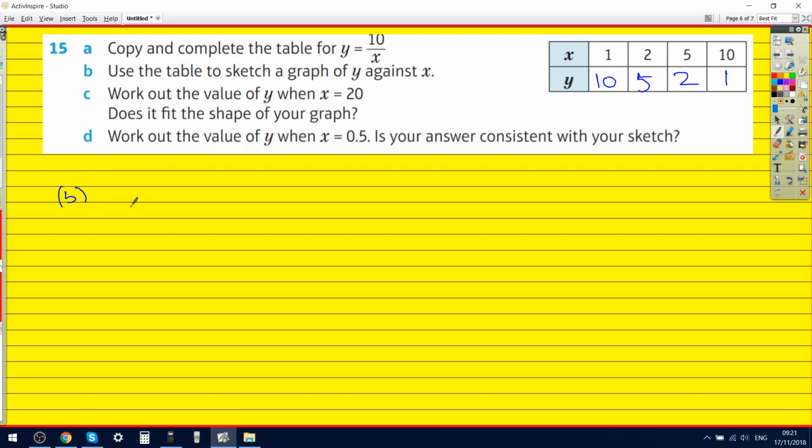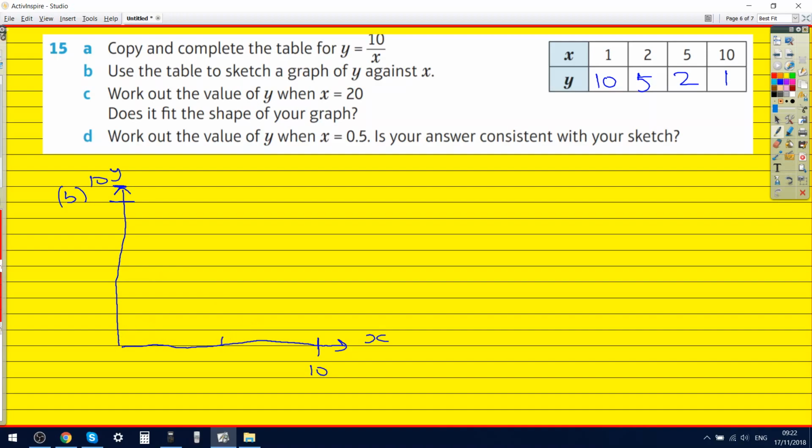How would you do that? If you put the axis like that. When they say sketch your graph, I'm not really sure what to do. So just plot the points really. For the first one, I'd go coordinates 1, 10.